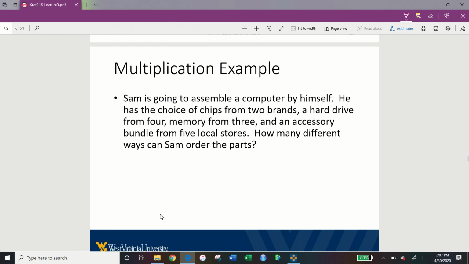Okay, so we've got 2 brands, a hard drive from 4, memory from 3, and an accessory bundle from 5 stores. If we multiply our options together, we see that there are 120 ways for Sam to order the parts. Hopefully, this was not too bad.